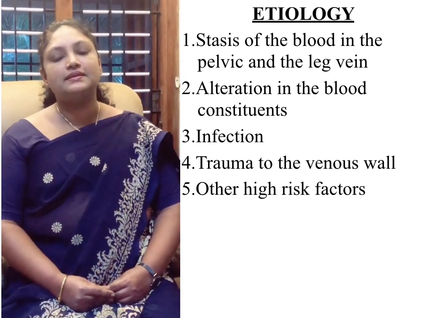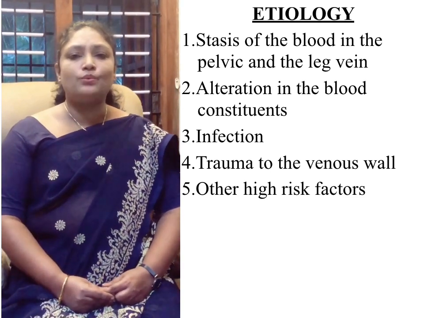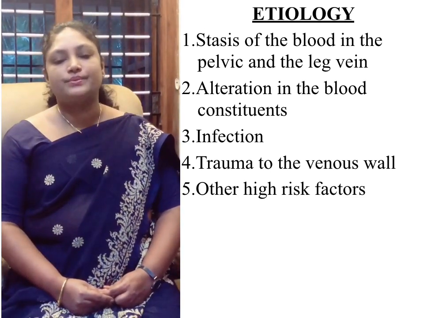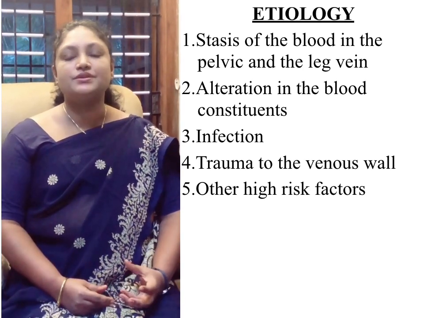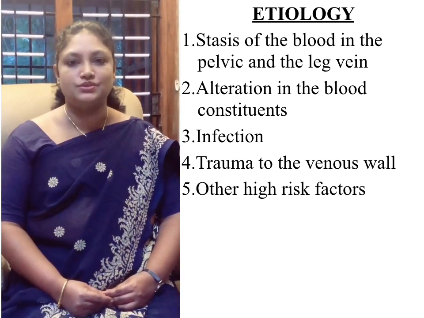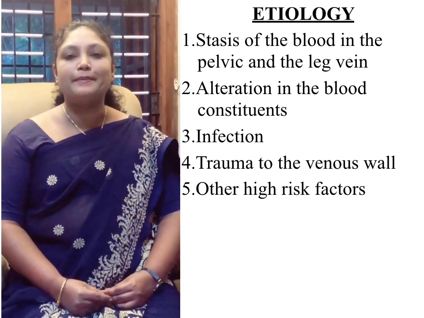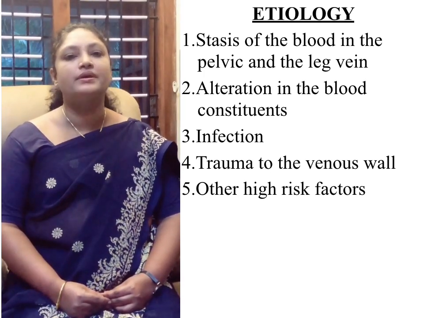The second one is alteration in the blood constituents. There is a chance of more clot formation or coagulation, mainly due to increased fibrinogen and an increased number of young platelets. In that case there are chances of thrombus formation.